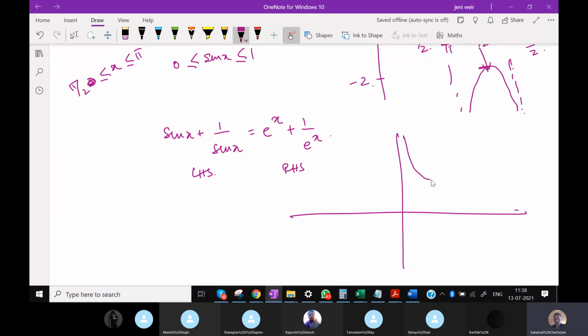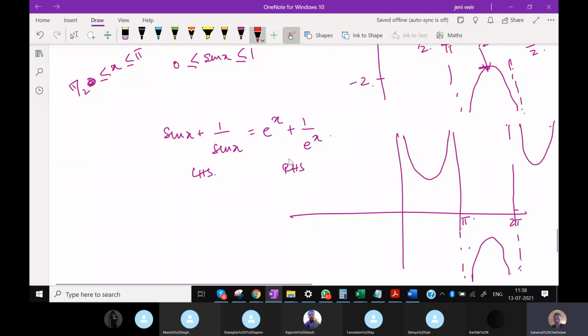So this is like this from 0 to pi. Then from pi to 2 pi, it would be like this. And then again, it will be like this, and so on.